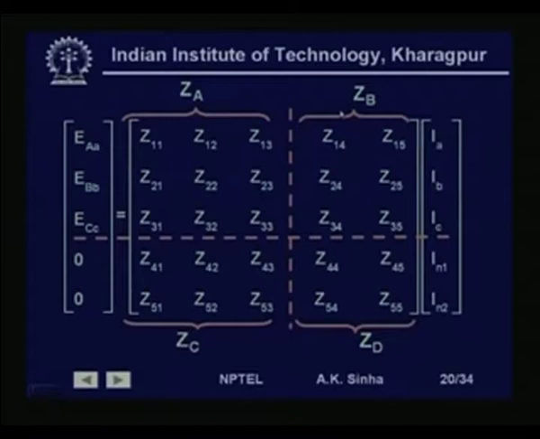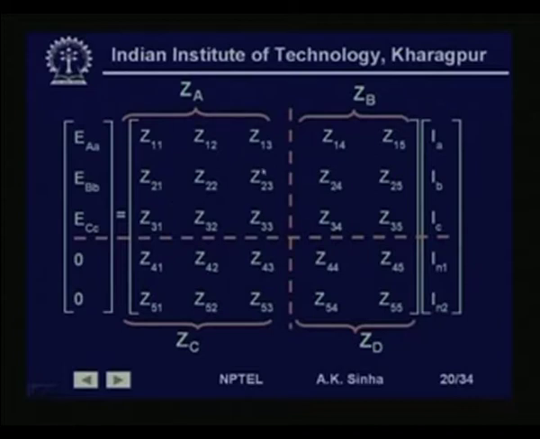So, for this 5 conductor system, we have 5 sets of equations, and the impedance matrix is a 5 by 5 matrix, which we can divide into 4 different submatrices as shown here. Z A, which is a 3 by 3 matrix, which indicates the Z 11, Z 12, Z 13, Z 21, Z 22, Z 23, Z 31, Z 32, Z 33.